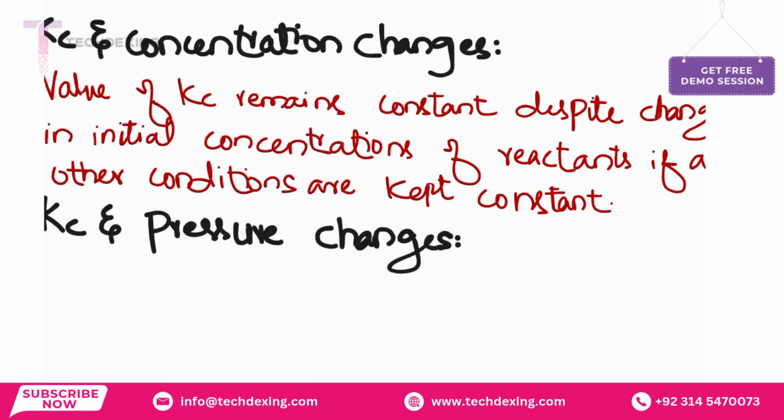If we have a gaseous equilibrium in which the number of moles is not the same on both sides of the equation, we can take an example of a chemical equation or a process.